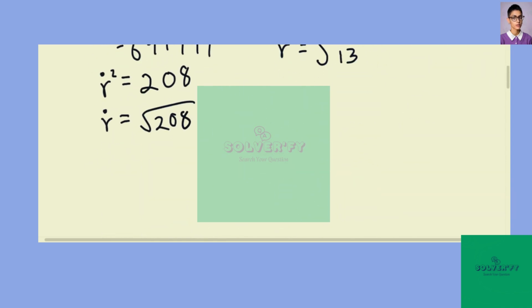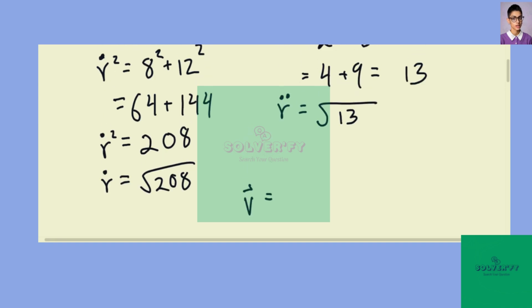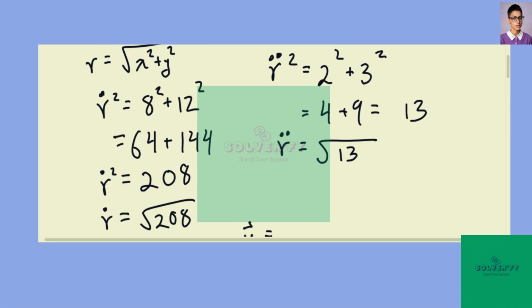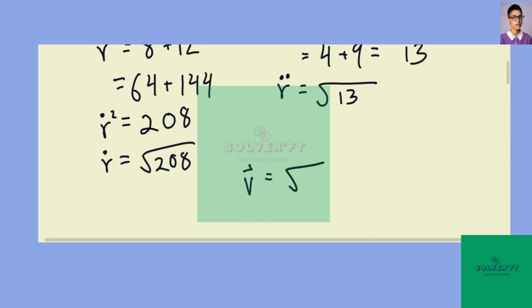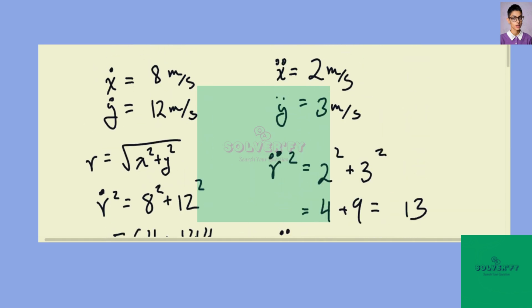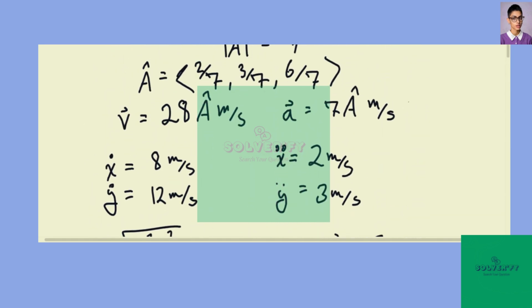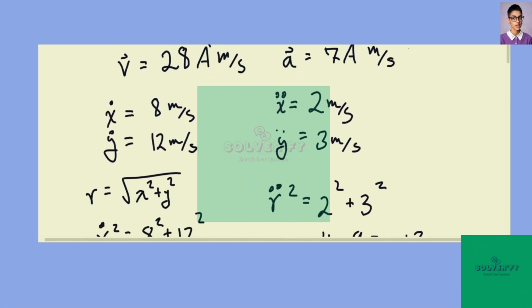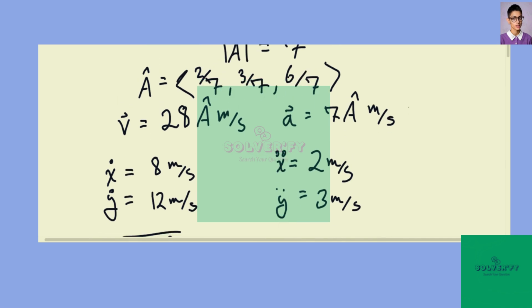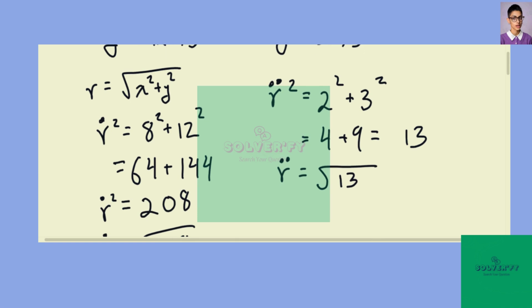So v is then going to be r dot, which is square root 208, times u_r, plus 0 u_theta, plus 28 times 6 over 7 for z dot. So that's 4 times 6, which is 24.